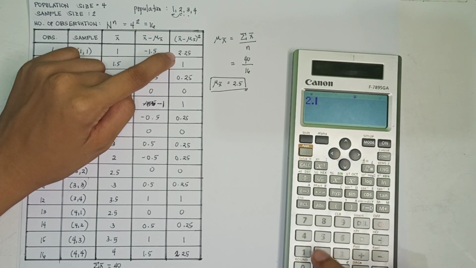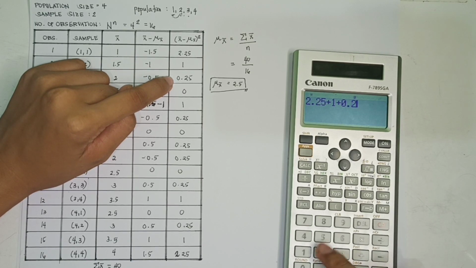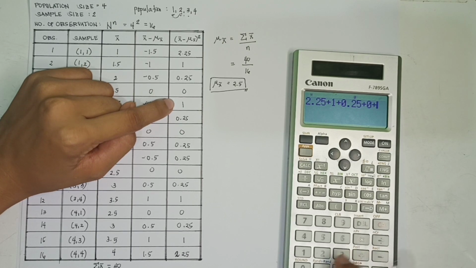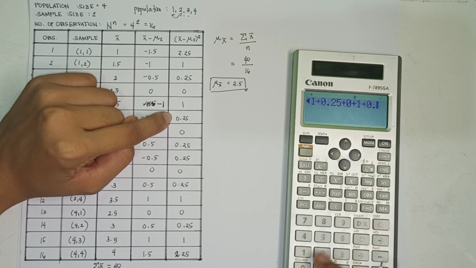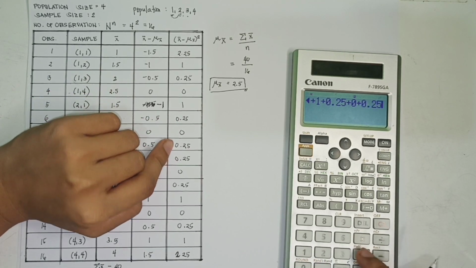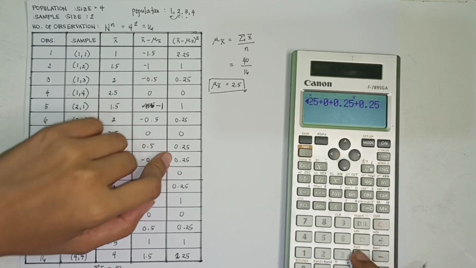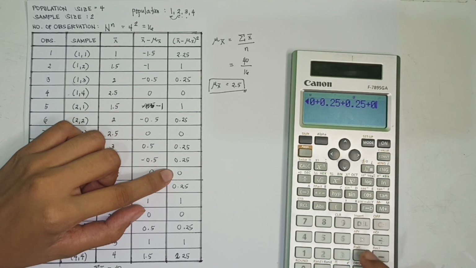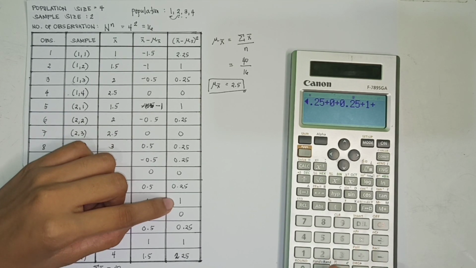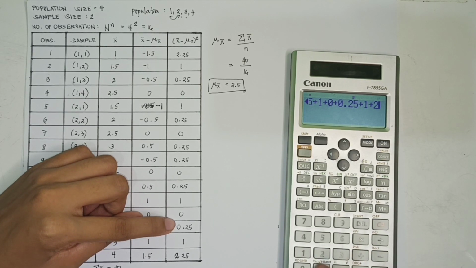Okay? So, 2.25 plus 1 plus 0.25 plus 0. Okay? So, plus 1 plus 0.25 plus 0 plus 0.25 plus 0.25 plus 0 plus 0.25 plus 1 plus 0 plus 0.25 plus 1 plus 2.25.